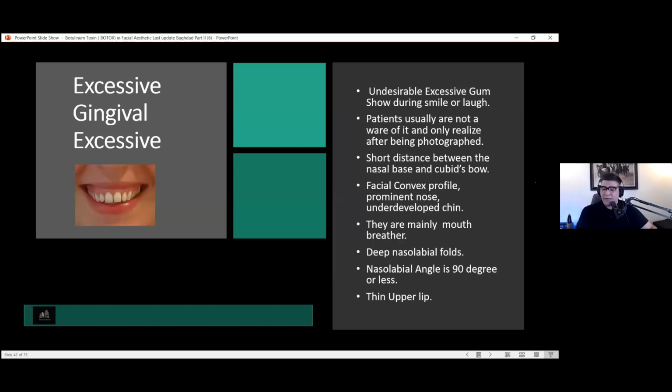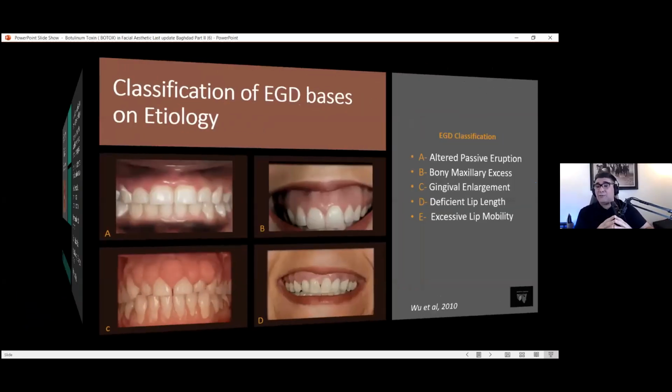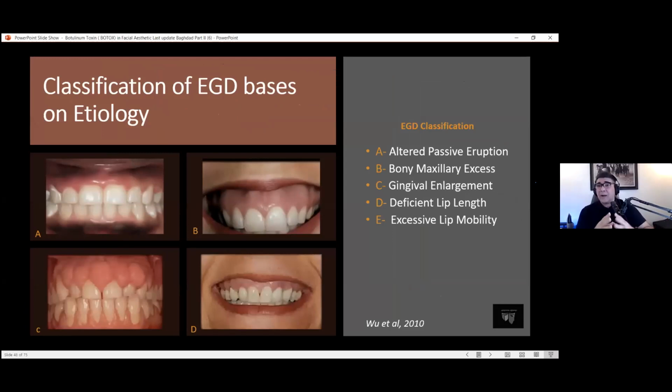So you're gonna check the smile, because when you start botulinum toxin or other kinds of management for the gummy or excessive gingival display, you have to figure out which kind of smile it is and the reason for that smile before I start my botulinum toxin, because botulinum toxin is the end step.